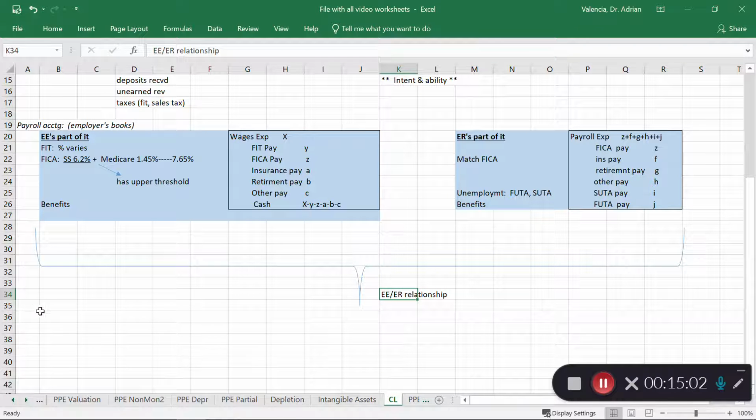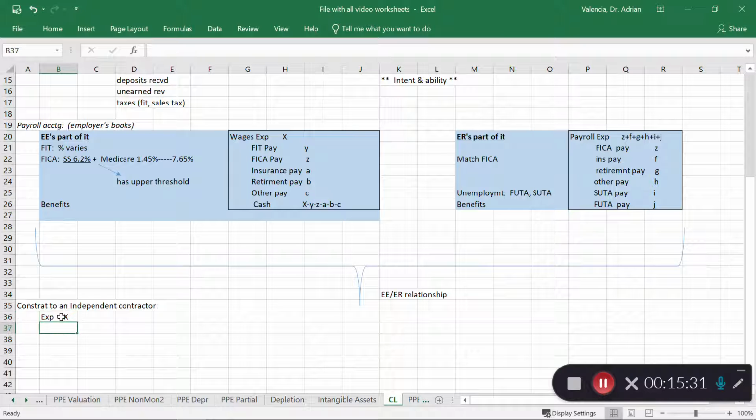Now, contrast that to an independent contractor. If you're an independent contractor, then the employer is not necessarily controlling how you do that work, right? They hire you for something, and they simply will pay you whatever the expense may be.